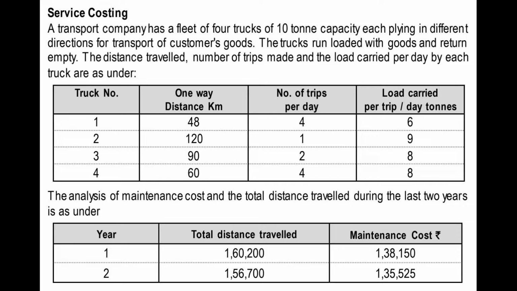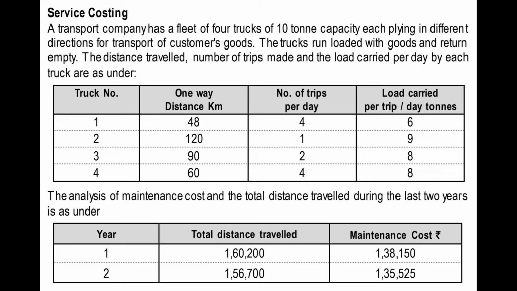A transport company has a fleet of 4 trucks of 10-ton capacity, each plying in different directions for transport of customer goods. The trucks run loaded with goods and return empty. The distance traveled, number of trips made, and the load carried per day by each truck are as under. Truck number 1, one-way distance 48 kilometers, number of trips 4, load is 6 tons.